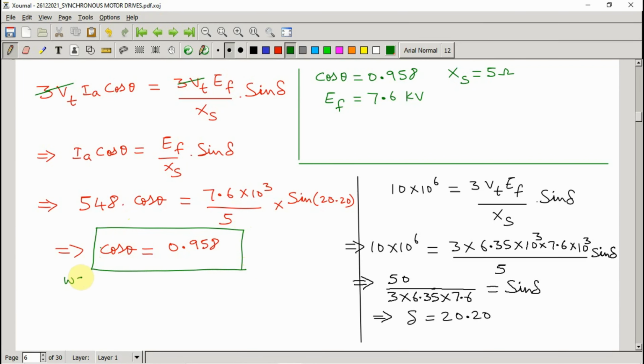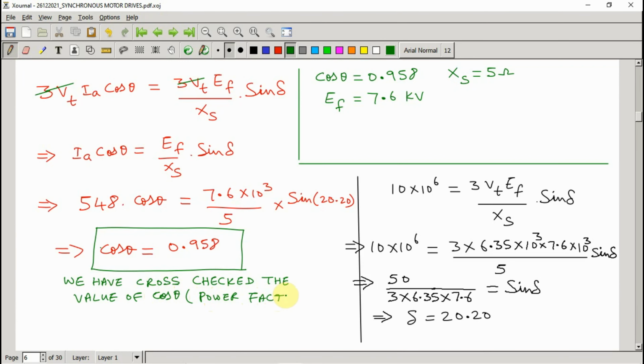So we have cross checked the value of cos theta, that means your power factor.